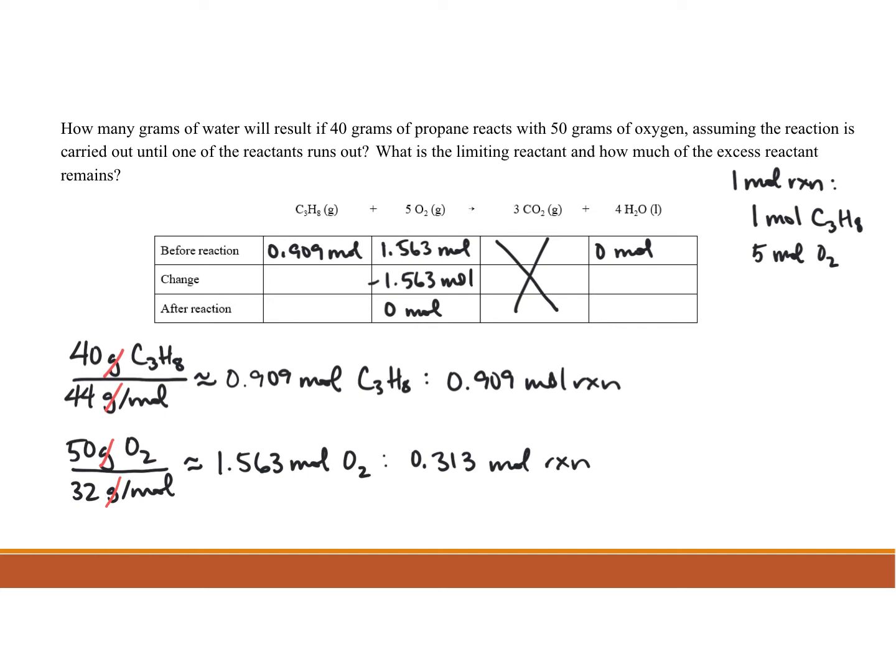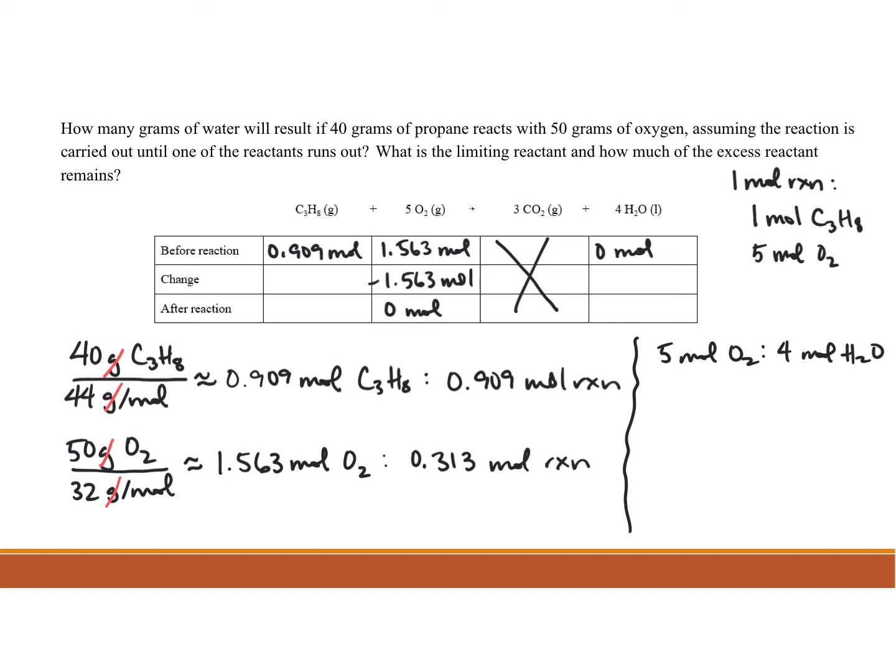So let's use the mole ratio to determine that. For every 5 moles of O2, you have 4 moles of H2O resulting.